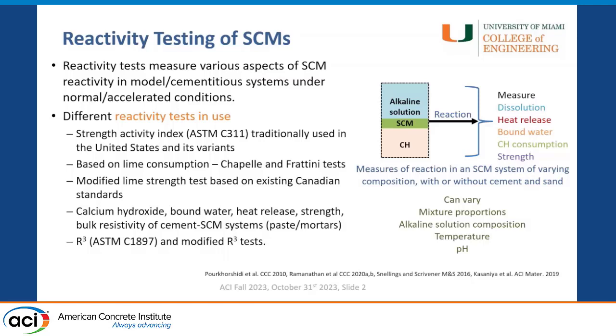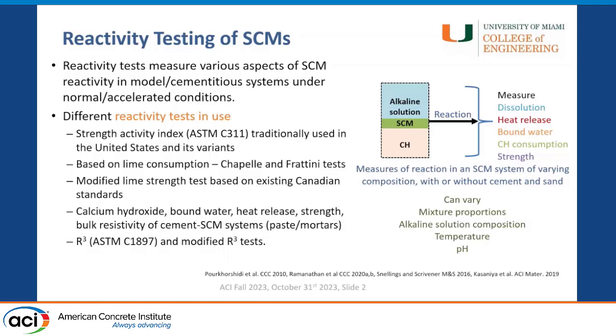You either measure the dissolution of the material, the heat release, the bound water, calcium hydroxide consumption, or the strength. Okay? For all of these methods, you can vary the mixture proportions, the solution composition, the testing temperature, or the pH of the environment in which the reaction happens.